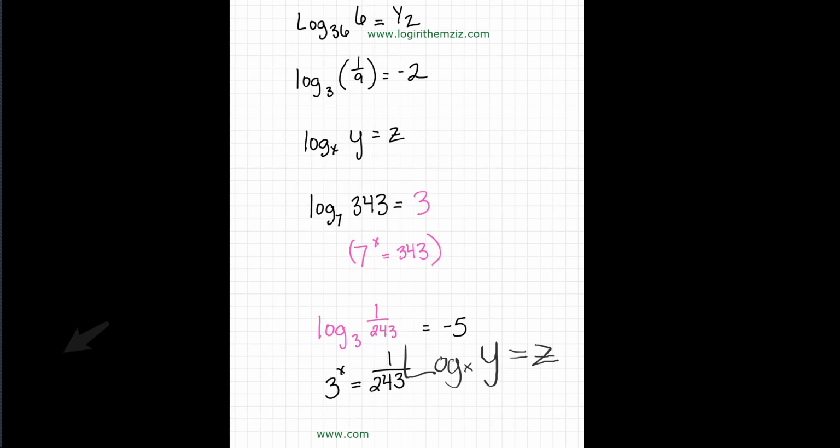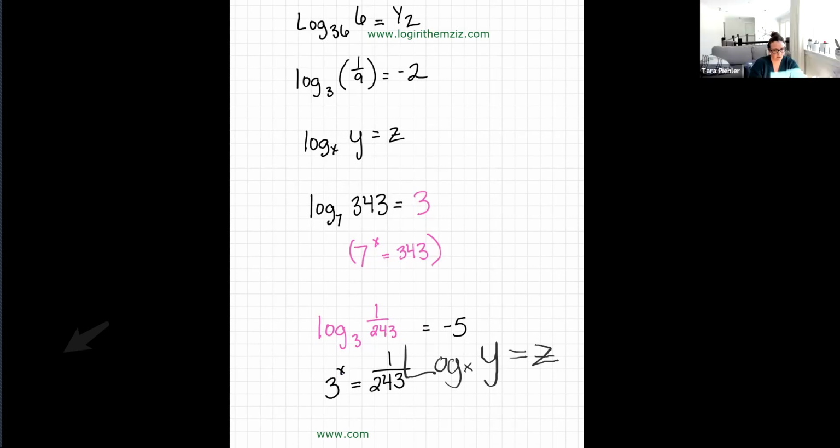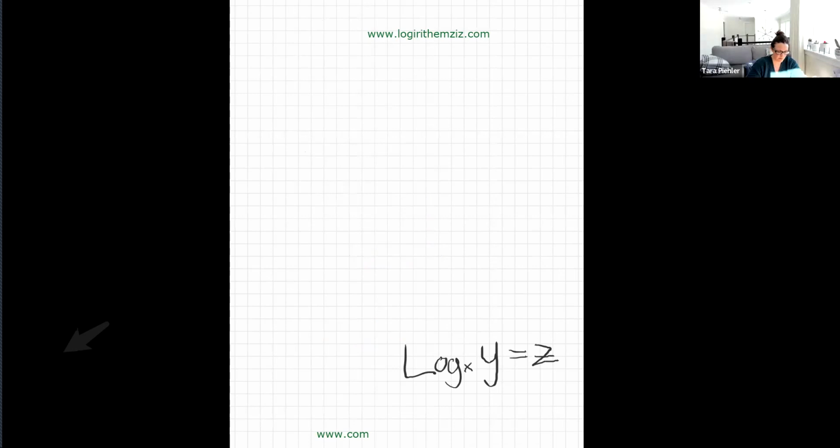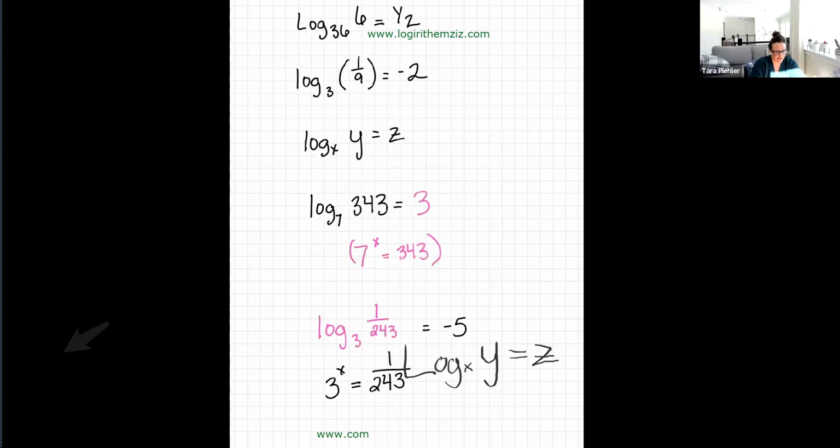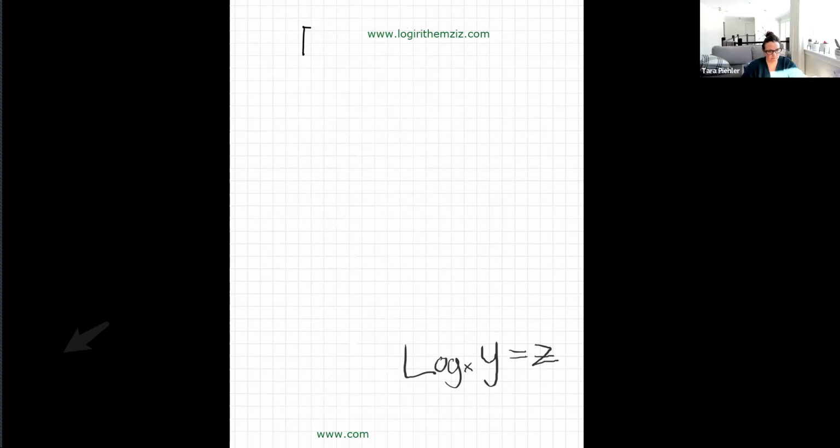All right, let's do one more. Log base 8 of 2. So there's a rule in here with that, but I want to see how you guys figure it out.